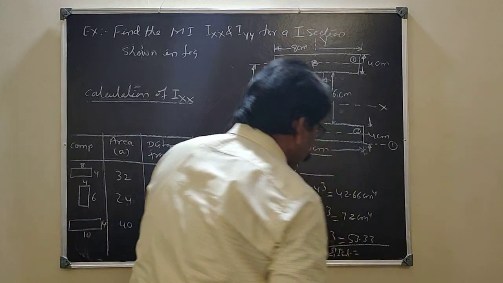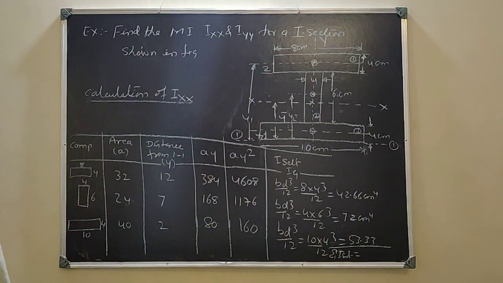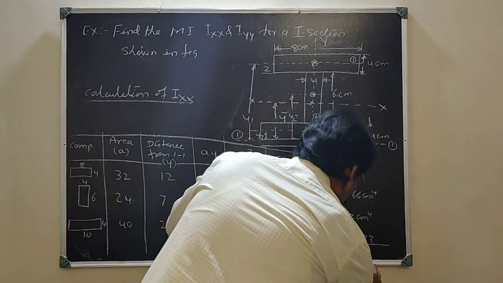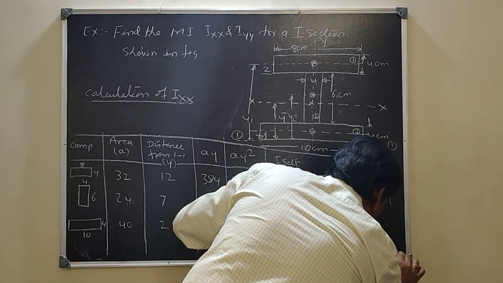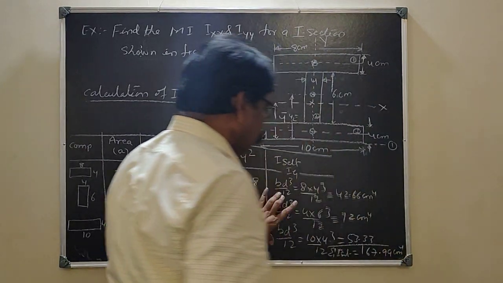Now the summation of this, that means sigma I self, you will get 167.99 centimeter to the power of 4.